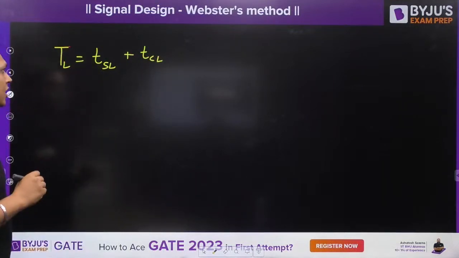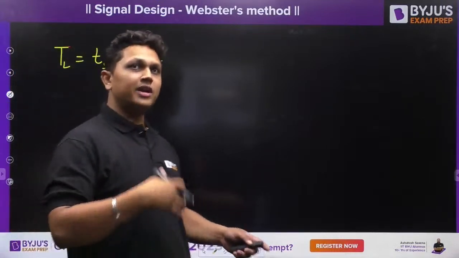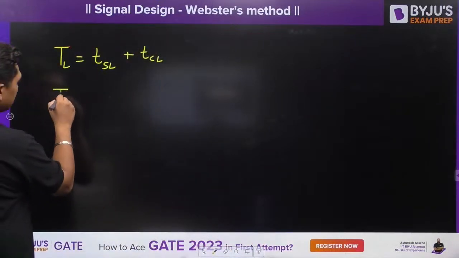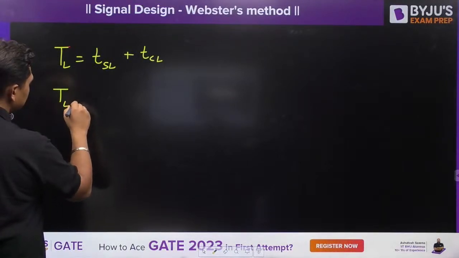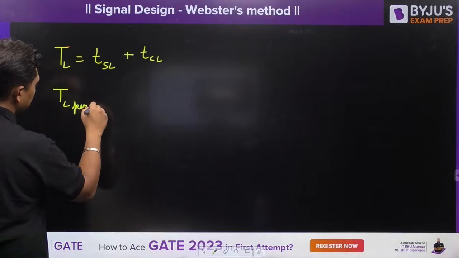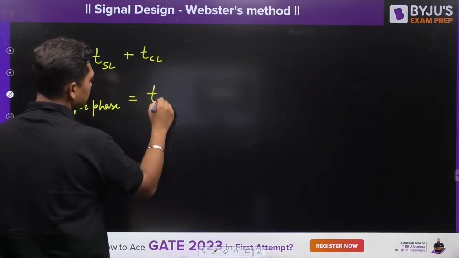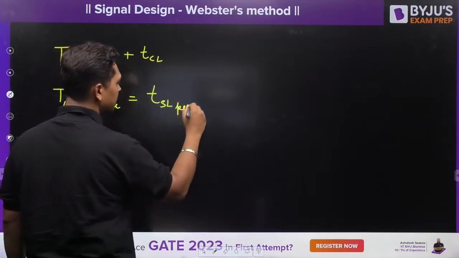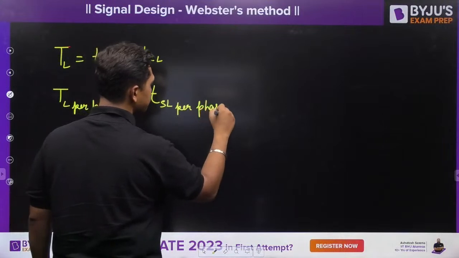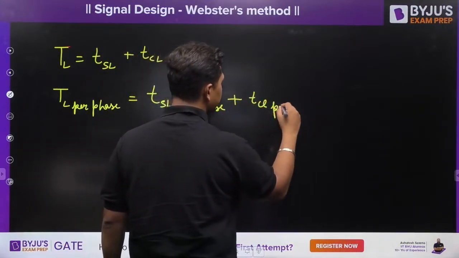Now this can be for a full cycle, or it can be written per phase also. So total lost time per phase is equal to startup lost time per phase plus clearance lost time per phase.